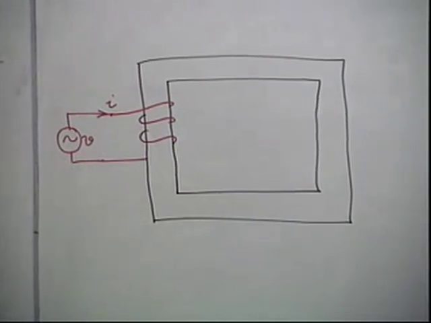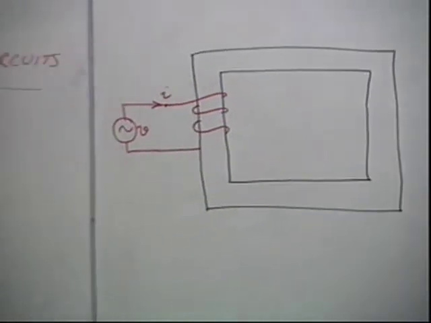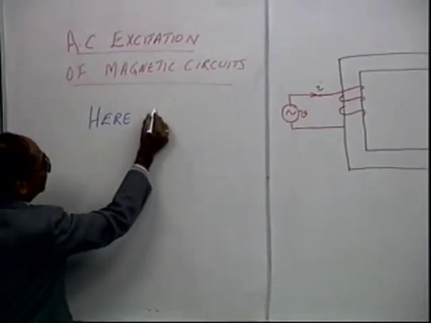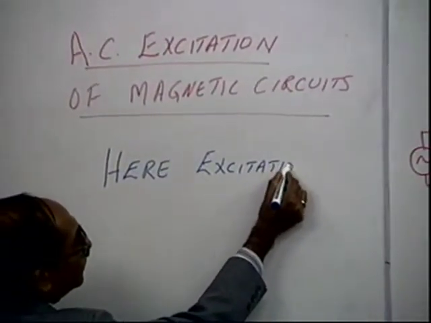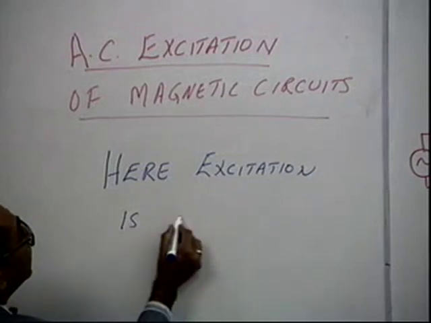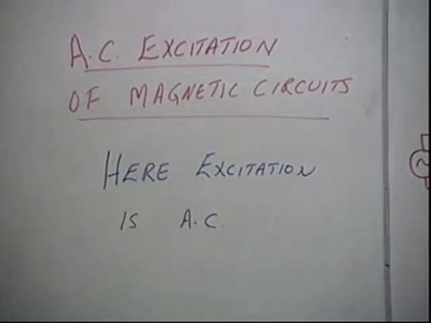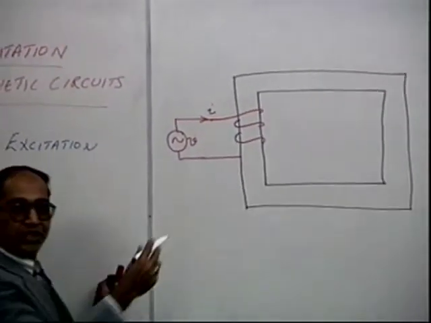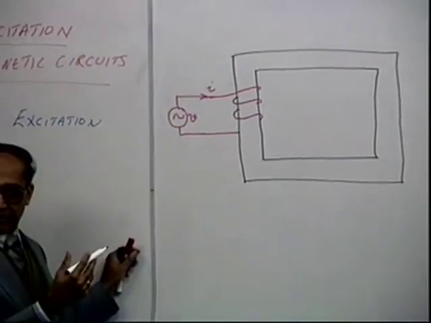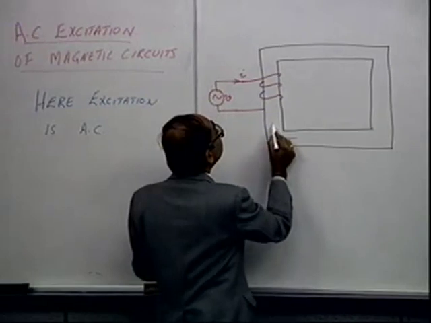So here the excitation is AC. Okay, and we can expect that when the excitation is AC, the flux will also be AC.